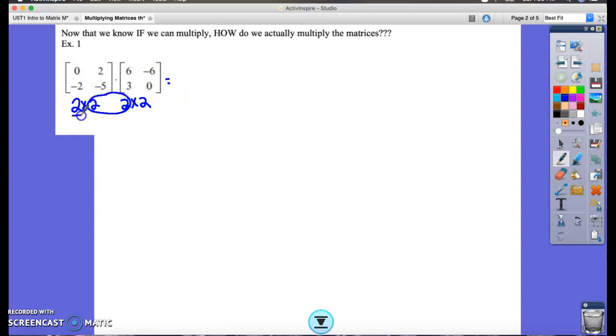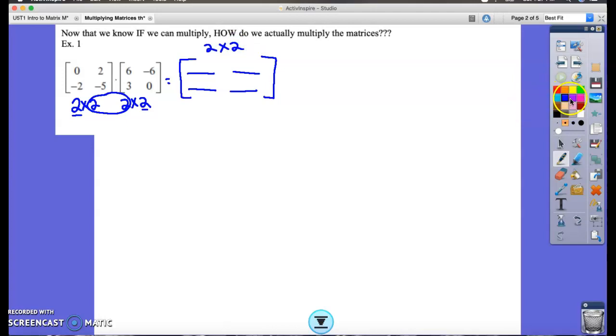It'll be a 2 by 2 matrix. I know that I'm going to have 2 rows and 2 columns, so there'll be ultimately 4 entries.